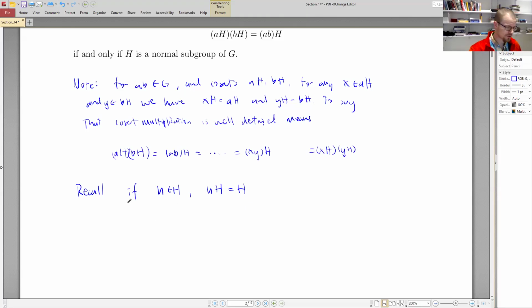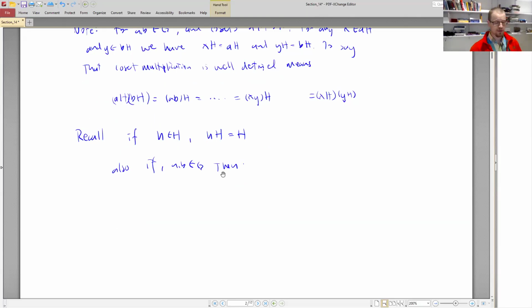Anyway, that's a notational thing, but also if a and b are in G, then what I can do is consider multiplying on the left by an element.